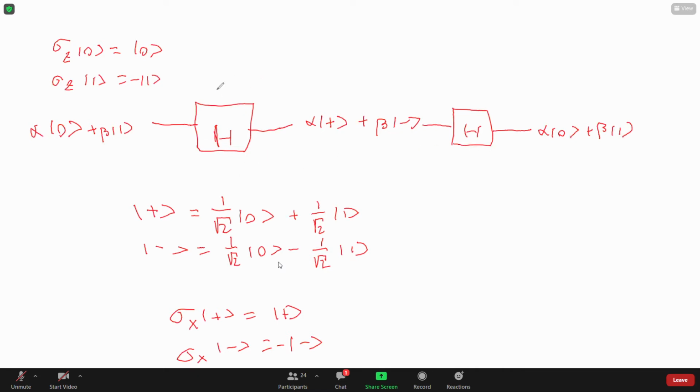This will show up in a few instances, and you can really think of it just as it changes from 0, 1 to plus minus. And that will be a very convenient tool to look at.